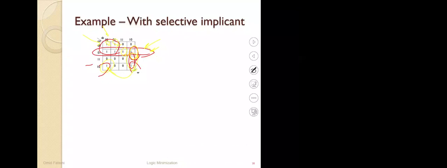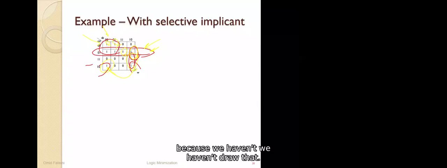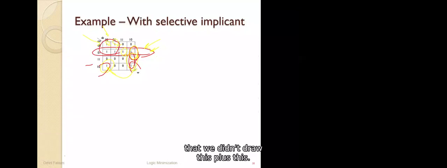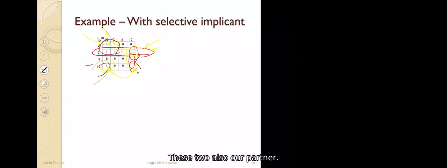Oh yeah, I'm wondering if the top left one there is not covered by the... Yes, that's what we are missing because we haven't drawn that. So another implicant is this that we didn't draw. This plus this. These 2 also are an implicant, and so this one is not essential.